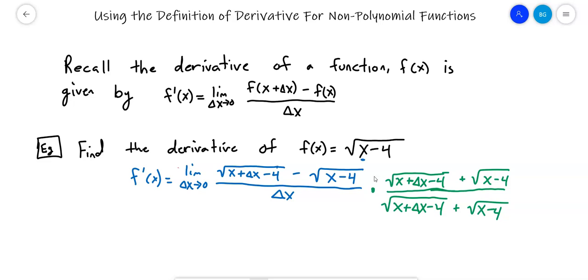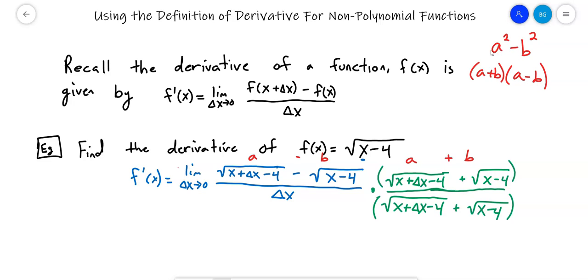And so when we multiply by the conjugate, really what we're doing is we're setting up a difference of squares. We have a minus b, a plus b, and you never can see this too many times. So recall that if I have an expression, a squared minus b squared, that can always be factored into a plus b, a minus b, and so we're essentially just running this backwards.